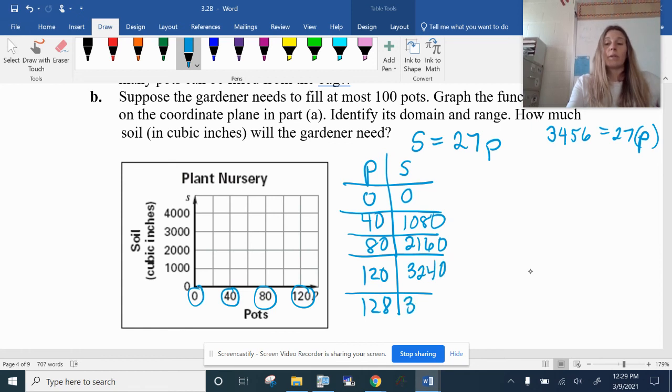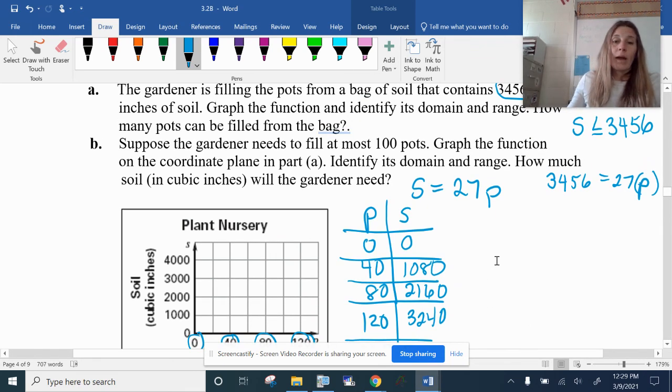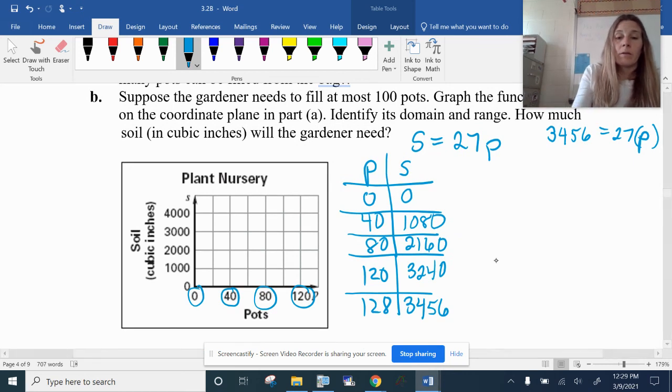And then, of course, we know this one is that max value of 3456. So now we want to graph this. So 0, 0, 40 and 1080, 80 and 2160, 120 and 3240, and then the 128 and 3456 would be a little bit past it. And we know that it stops there.